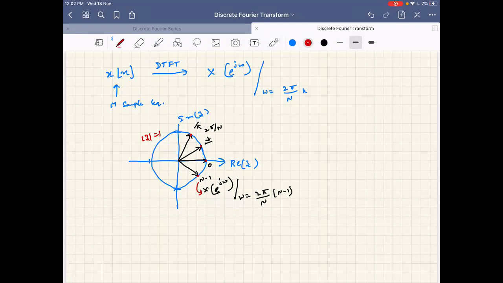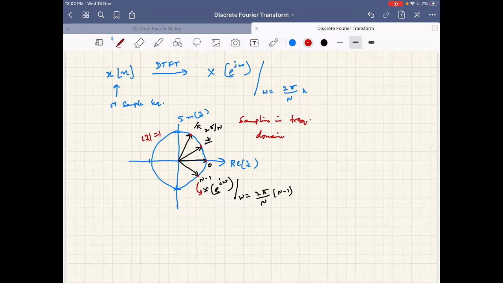And if you do the sampling in frequency domain, what happens?